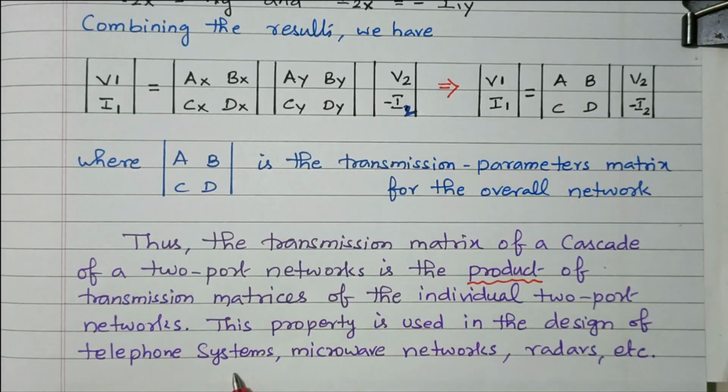That can be used for designing transmission lines, telephone systems, microwave systems, radar, etc. So in this video we discussed transmission parameters, ABCD parameters, when connected in series cascade, and what the resultant is. A separate video is available on the normal ABCD transmission parameters. So finally we got that the resultant network is the product of the individual networks.